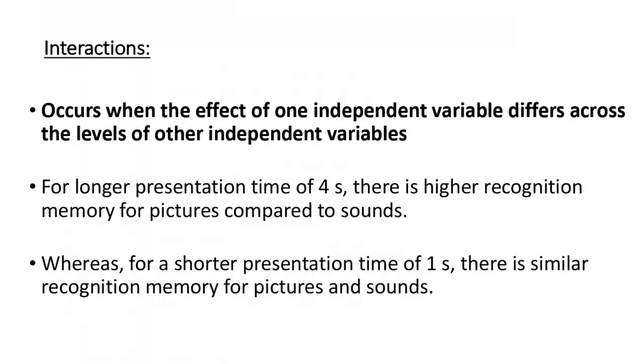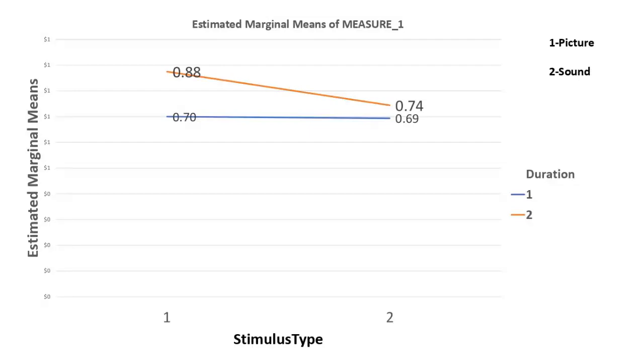But how do you know where it was significant? You can eyeball it and say, okay, this difference was larger than this difference. But you need to compare these means in order to determine where that interaction lies.